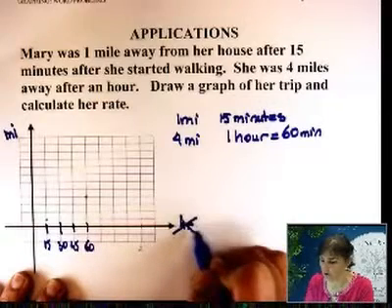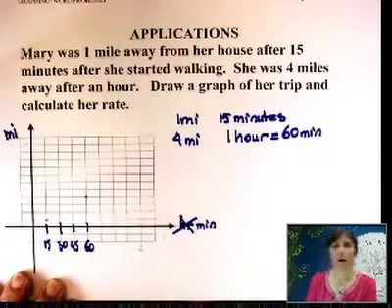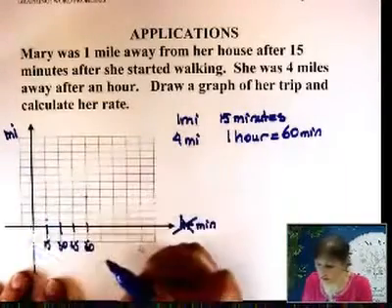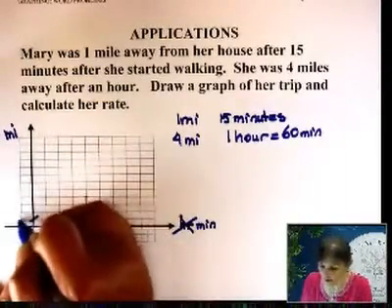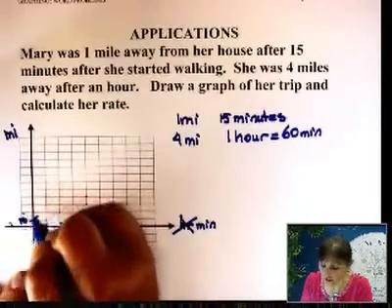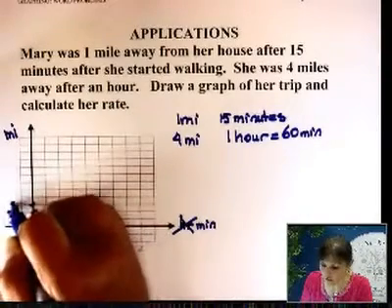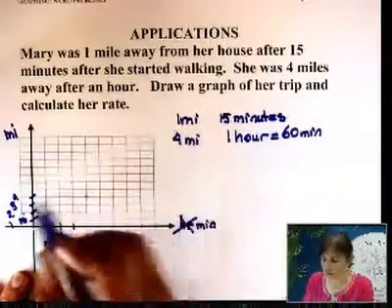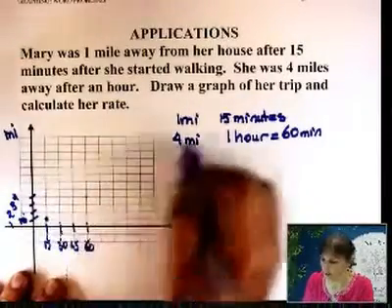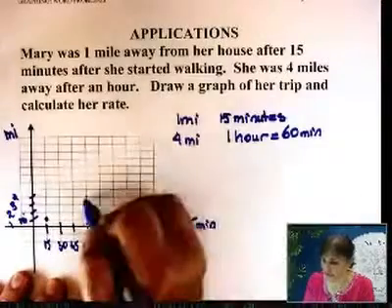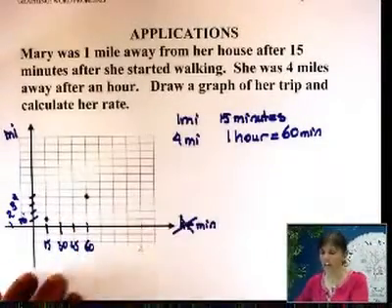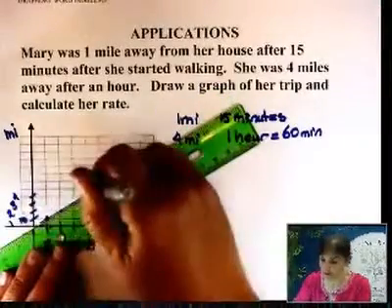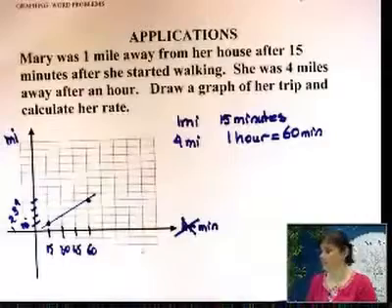Let's change hours to minutes so it doesn't confuse us. And then let's do these in miles: 1, 2, 3, 4, and so forth. She's at 1 mile at 15 minutes, and she's at 4 miles at 60 minutes. And if she is going at a constant speed, that's what it will look like.